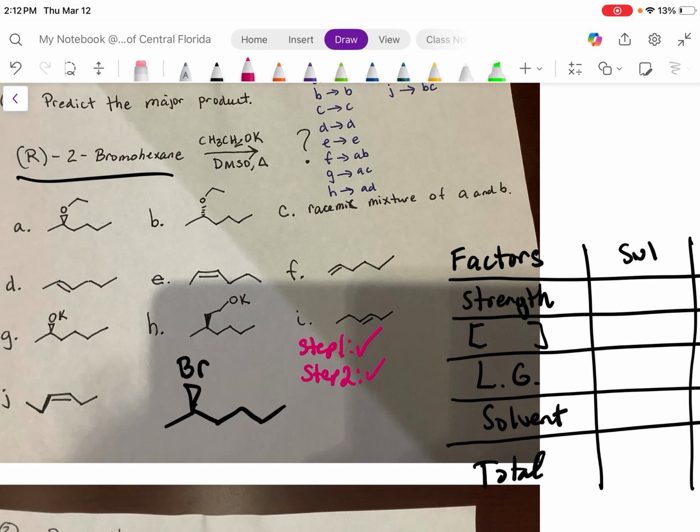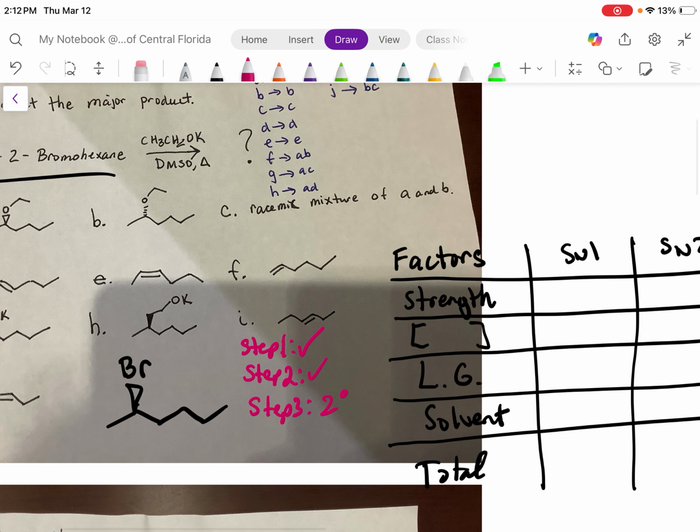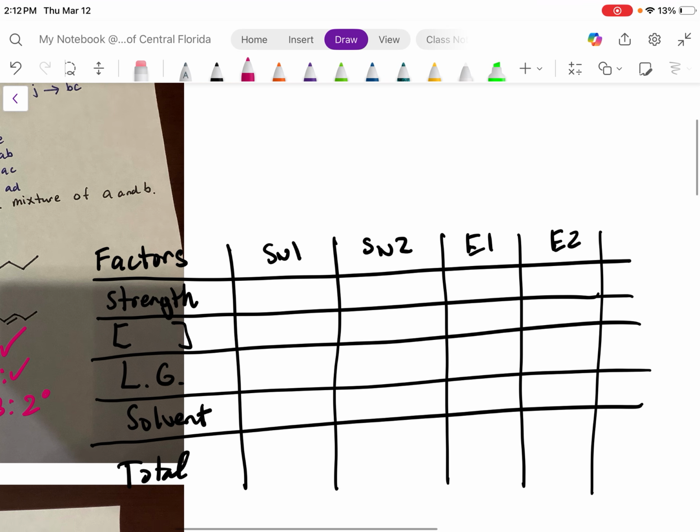So after that looks good, there's step 3. I want to look at the degree, and that would be a secondary alkyl halide. And since that's a secondary alkyl halide, that means all 4 mechanisms are on the table.